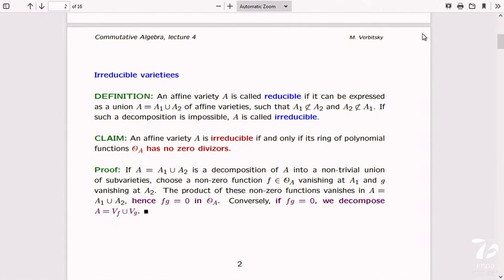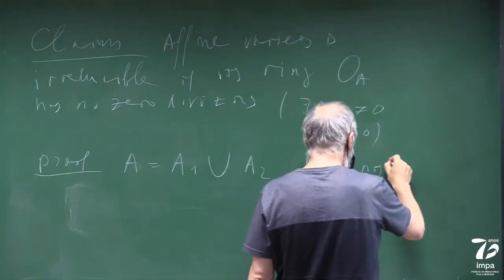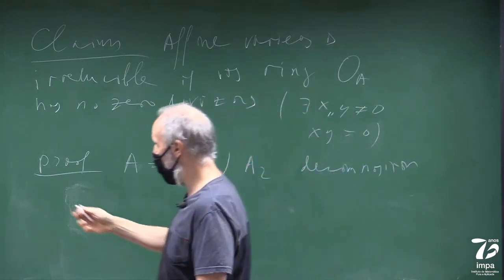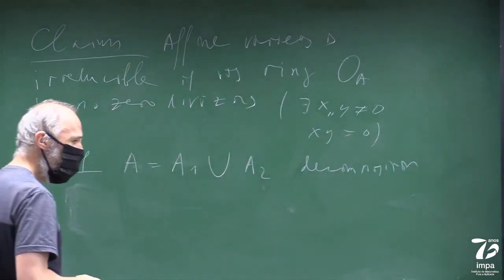So I start with a decomposition. A is A1 union A2, as in the definition of reducibility.